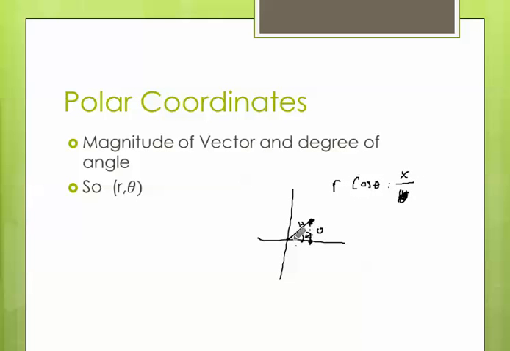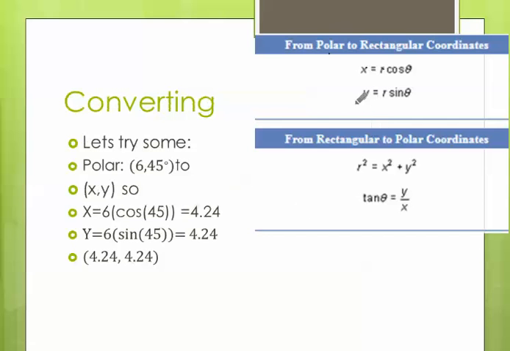That's how we're getting this x value here, this distance here. The same way, we could do the y value. So the sine of theta is going to be equal to the y divided by r. So when we multiply this one by r, that's how we get that equation for that.